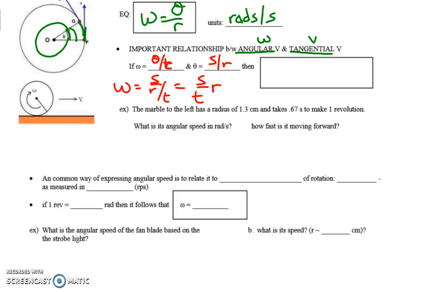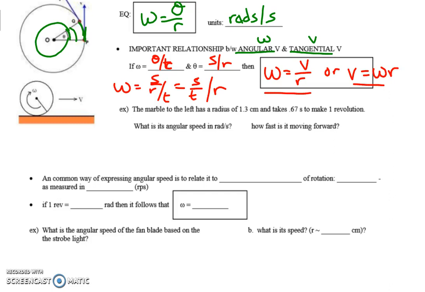And distance divided by time is nothing more than velocity. Sorry, I've got the r's in the wrong place. So this would be v, or s over t, divided by r. So omega is v over r, or tangential velocity is omega r. And that's a relationship we're going to come to again and again and again.